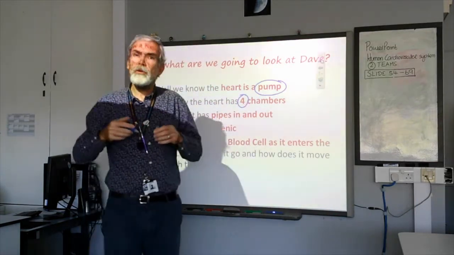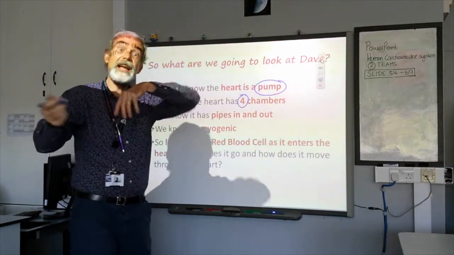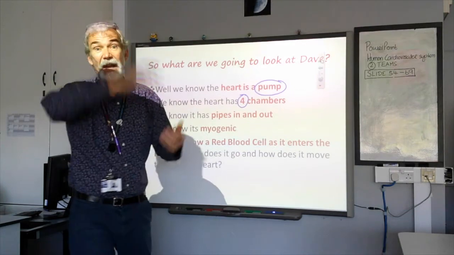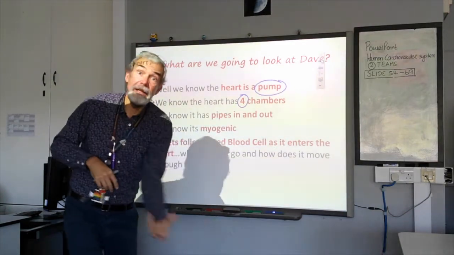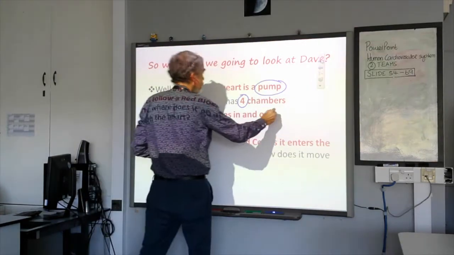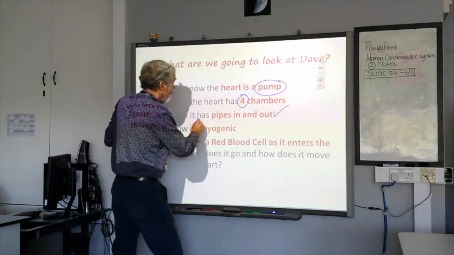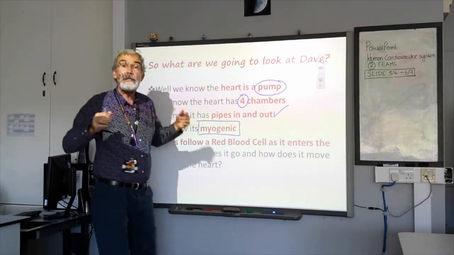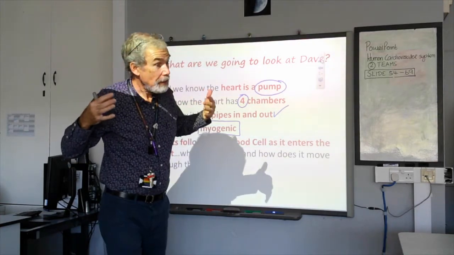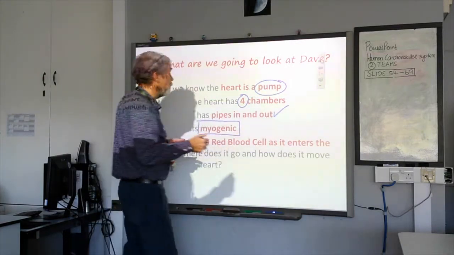And we already know that it's got pipes, which we call arteries, and veins, which are going out and also coming back in. Arteries always take things away from the heart, and veins always bring it back to the heart. We now know that the heart is said to be myogenic, which basically means it beats on its own.